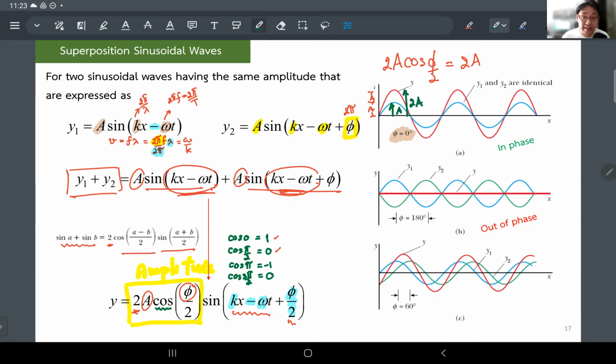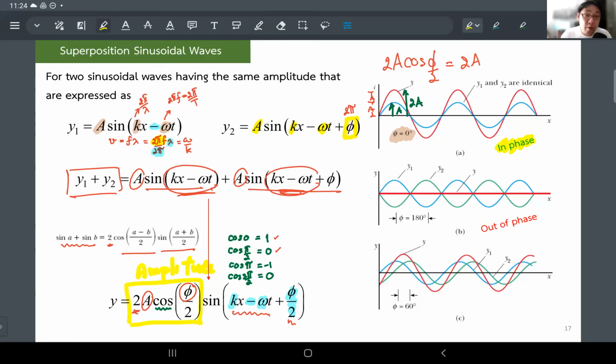And you have a constructive interference. Because this is such a perfect combination, the two waves are oscillating in rhythm, in sync. In physics, we name it in phase.